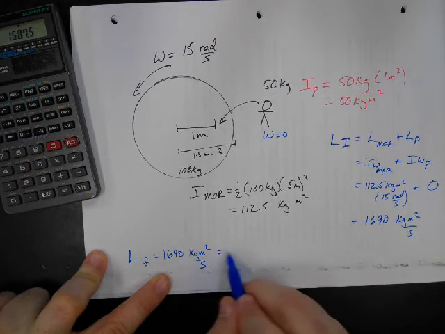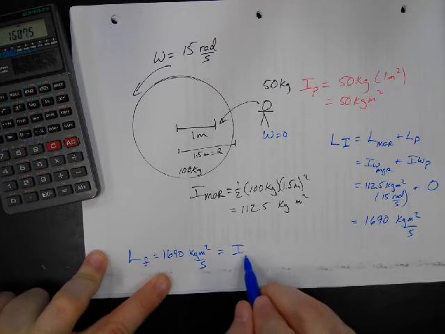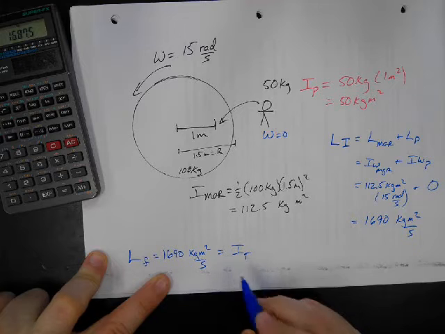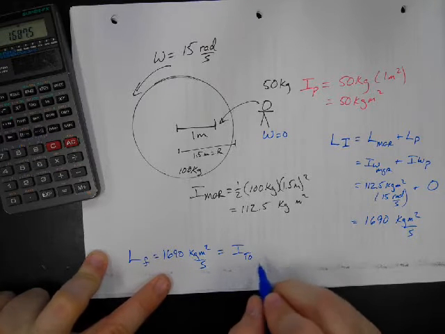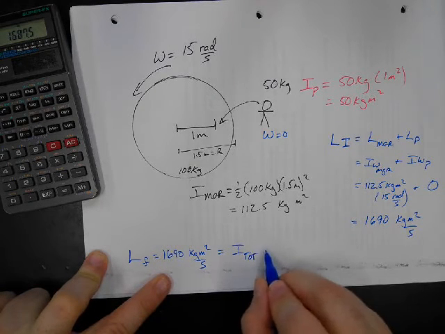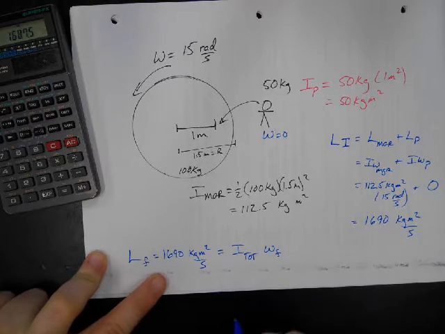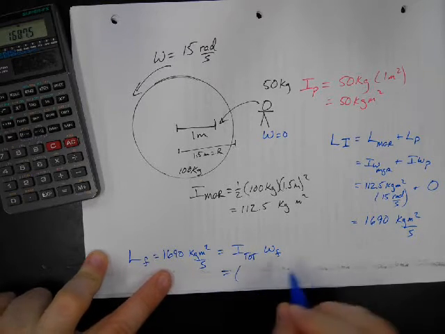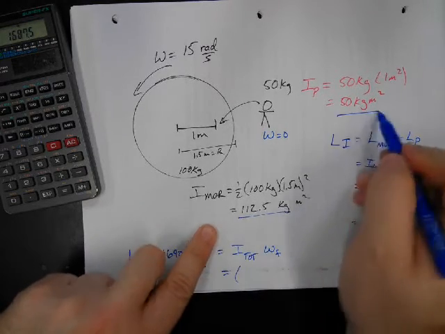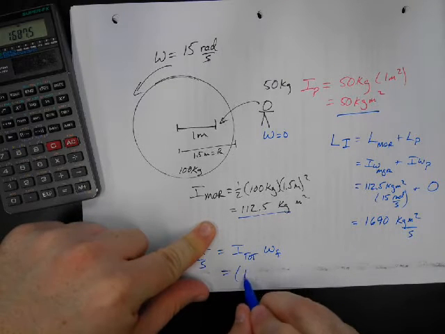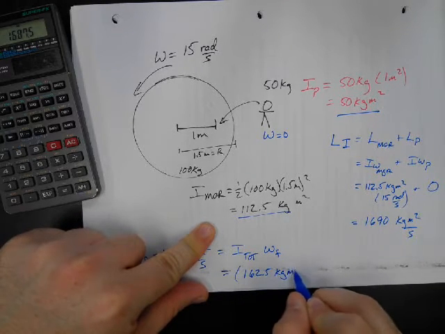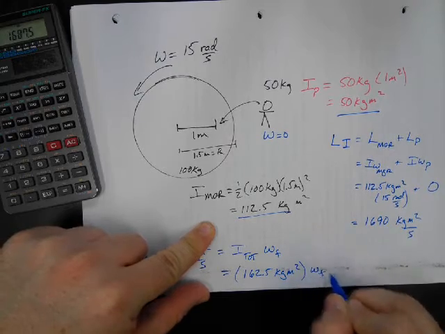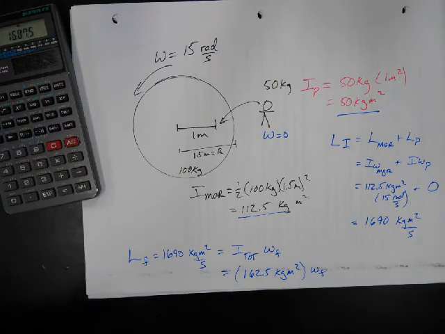And what we have is that it's going to be the total angular momentum, so the total moment of inertia times the final angular velocity. Well, this total is this number plus this number, which is 162.5 kilogram meter squared times omega final, and that has to equal this 1690.